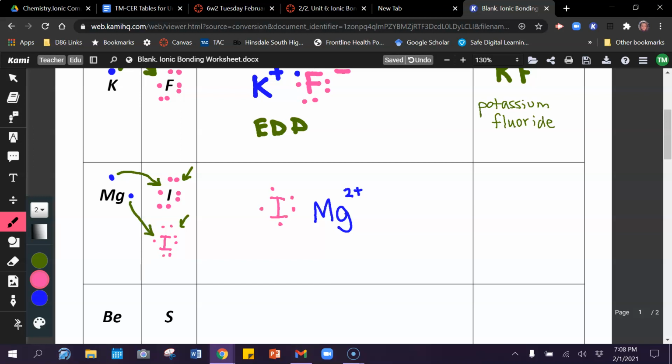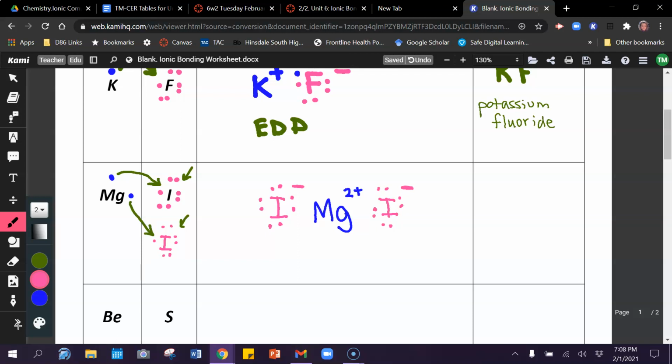Now, my anions always keep their electrons. And there's the charge. And then I'm going to put my other one on the other side. So the least abundant atom goes in the center, and it's surrounded by the anions, or the elements that are more abundant.